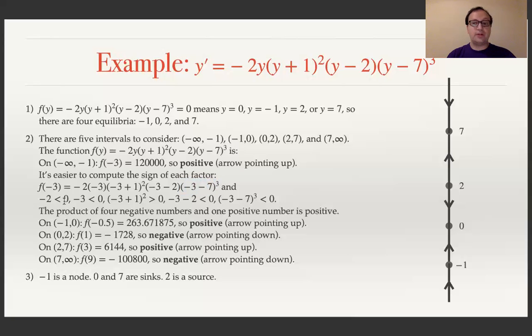Of these factors, minus 2 is negative, minus 3 is negative, (minus 3 plus 1) squared is positive, minus 3 minus 2 is negative, and (minus 3 minus 7) cubed is again negative because 3 is an odd power and minus 3 minus 7 is a negative number. So overall, we have 4 negative numbers and 1 positive number.